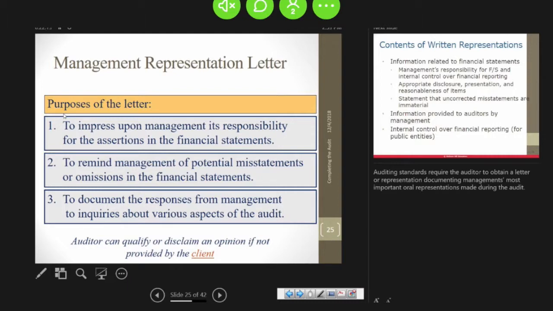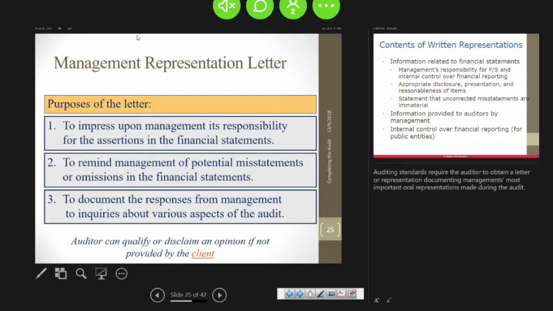It's to impress upon management what their responsibility is for their financial statements. They're responsible for the assertions. They're responsible for ensuring that they're reporting transactions, events, account balances and disclosures in accordance with GAAP. It also reminds management of potential misstatements or omissions in the financial statements, which they are responsible for.